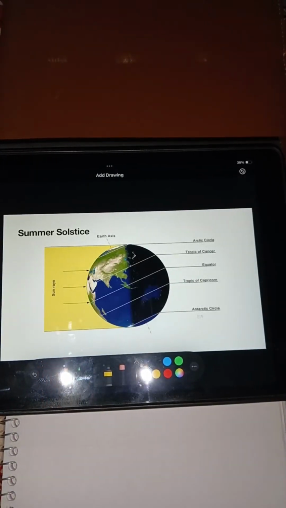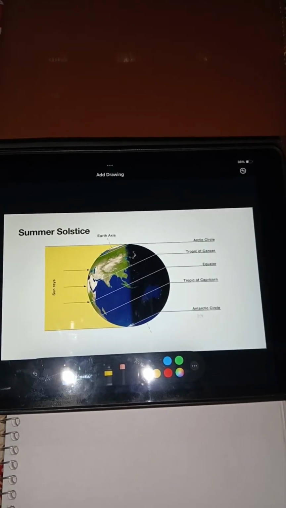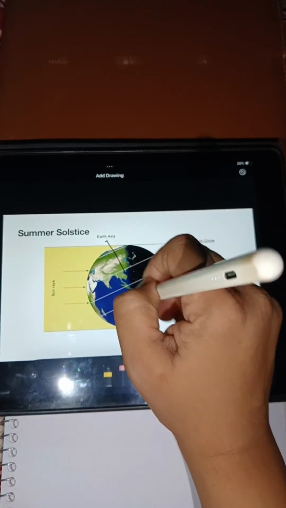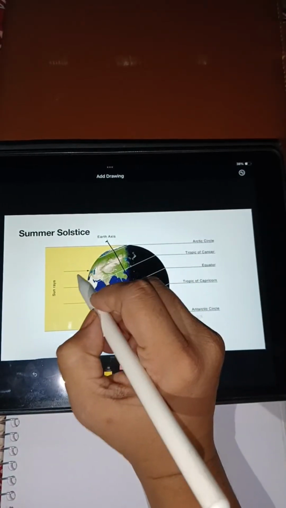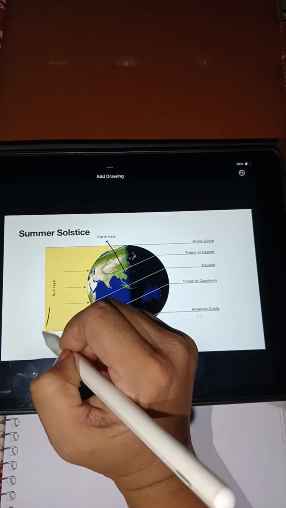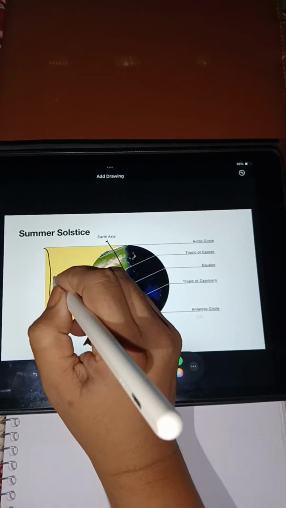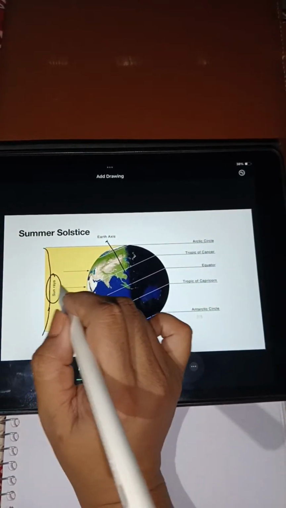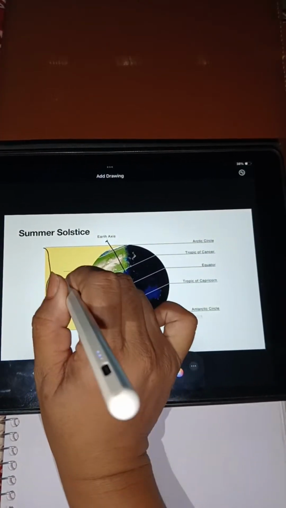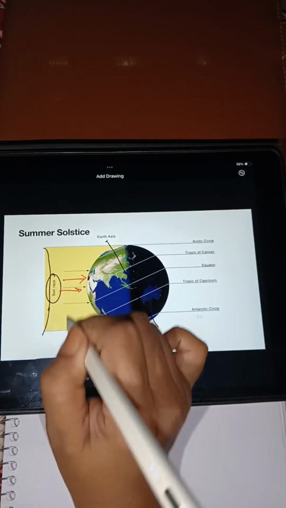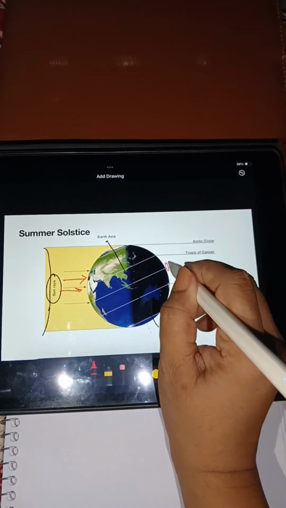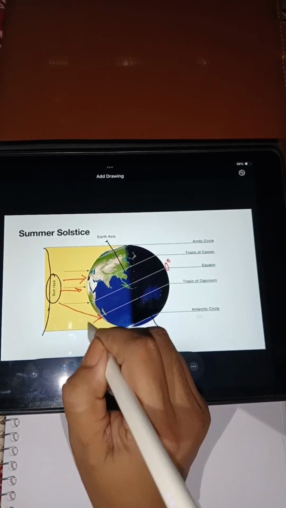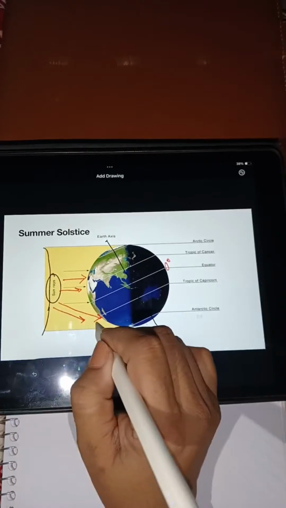From the picture you can see very clearly, this is the earth's axis tilted, this is the sun, and the northern hemisphere is having direct sun rays, whereas in the southern hemisphere, this is 0 degree, the equator, and the sun rays in this position are slanting.